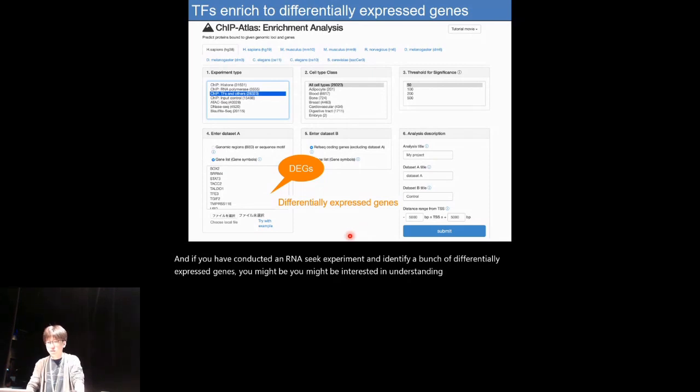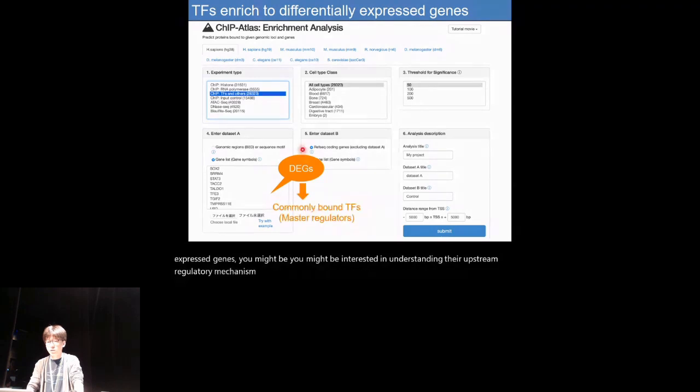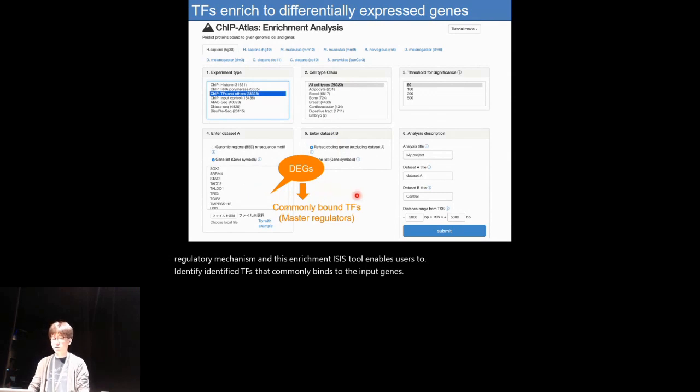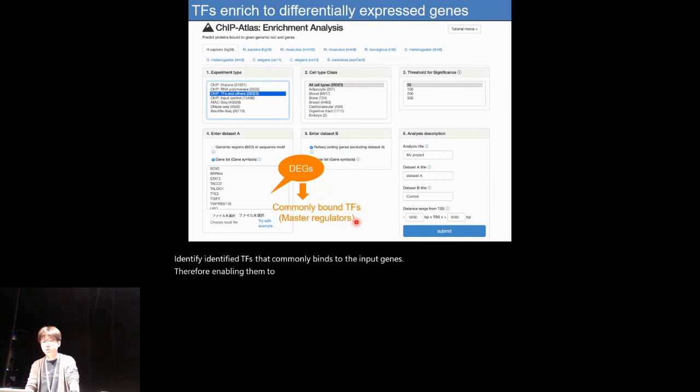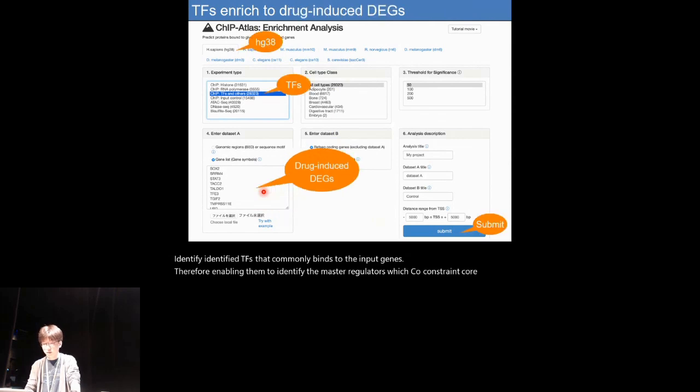And this enrichment analysis tool enables users to identify TFs that commonly bind to the input genes, therefore enabling them to identify the master regulators which co-restrict their expression.